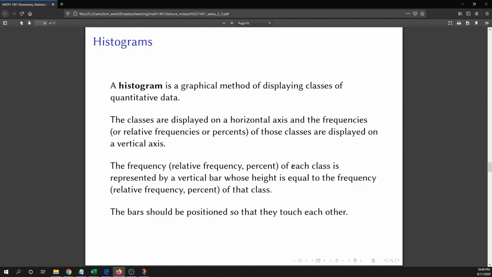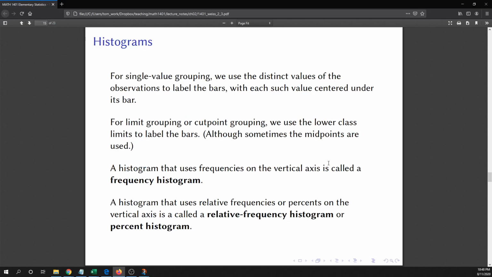The frequency or relative frequency or percent, whichever one you're looking at, is represented by a vertical bar whose height is equal to that frequency, relative frequency, or percent. And in a histogram, the bars should be positioned so that they are touching each other. For a single value grouping, you just label the bars with the value that you have.